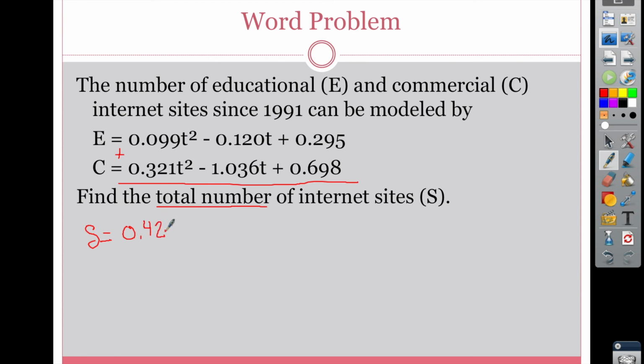So we will add 0.099t to the second plus 0.321t to the second.